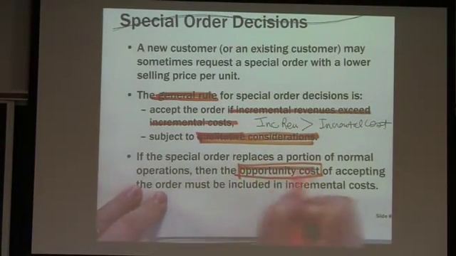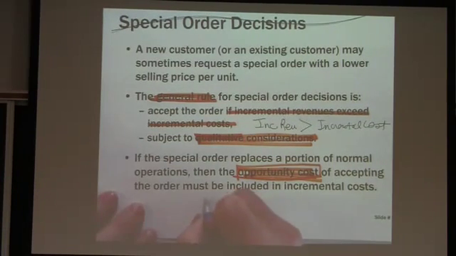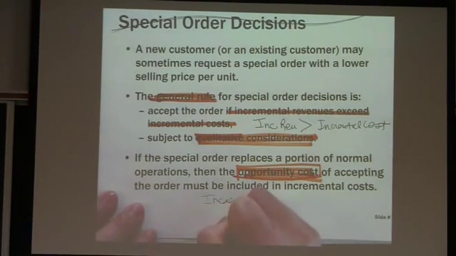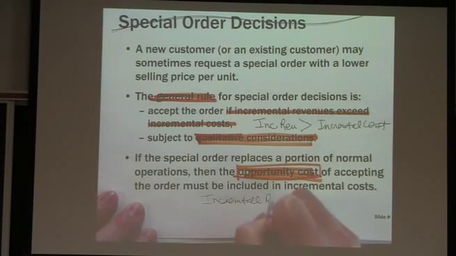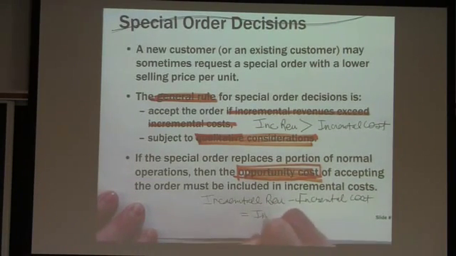And that opportunity cost would be the profit that we are giving up from a regular customer for accepting this order. So not only do you need to look at incremental revenue, less incremental cost, that gives us incremental profit.